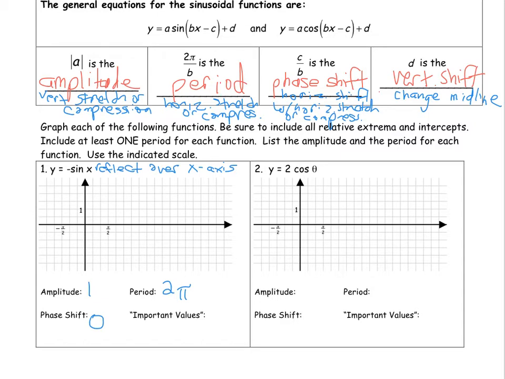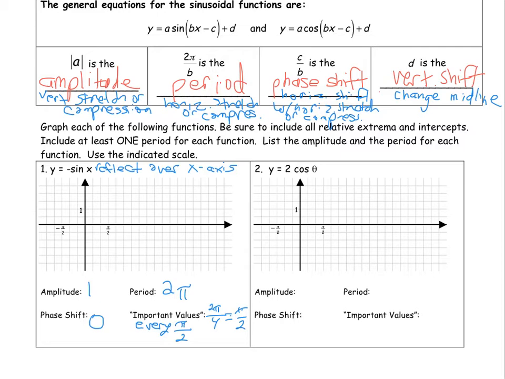Important values. Here's where the party starts. Okay, so you take your period, divide it by 4, right? So you have 2 pi over 4, which is pi over 2. So every pi over 2 we are going to have important values. And notice on the graph, I've actually gone ahead and labeled pi over 2.